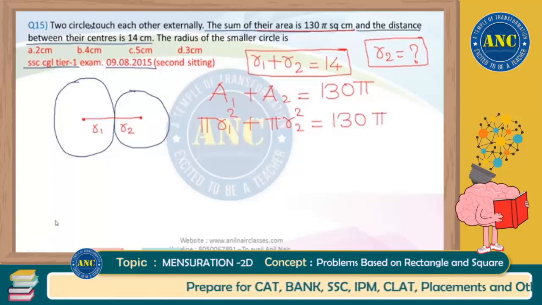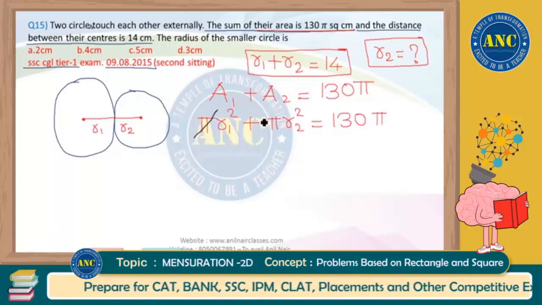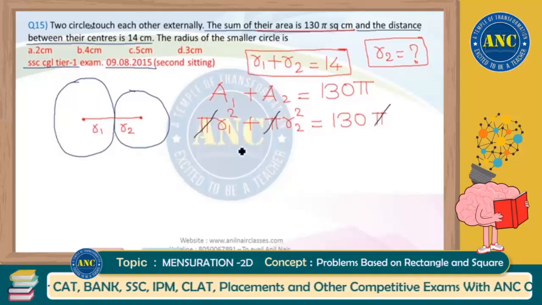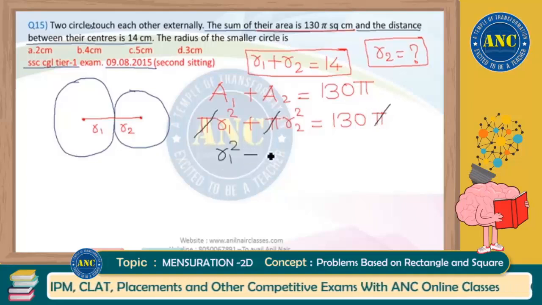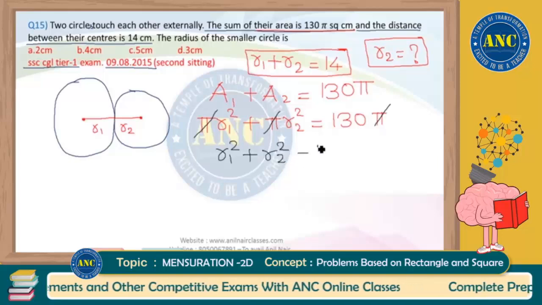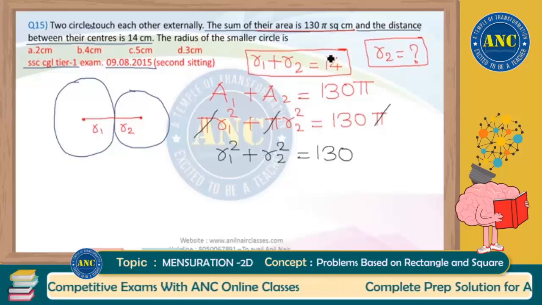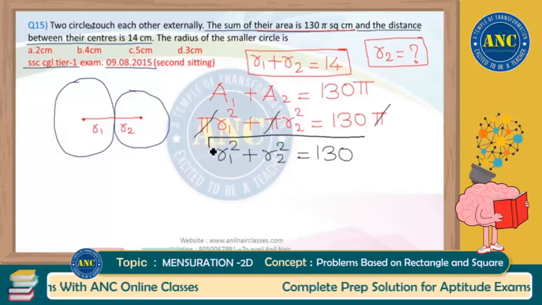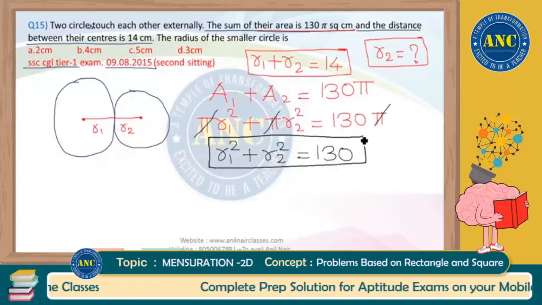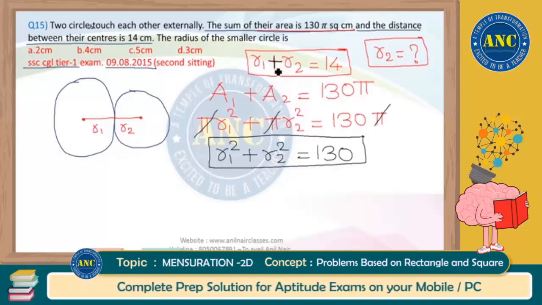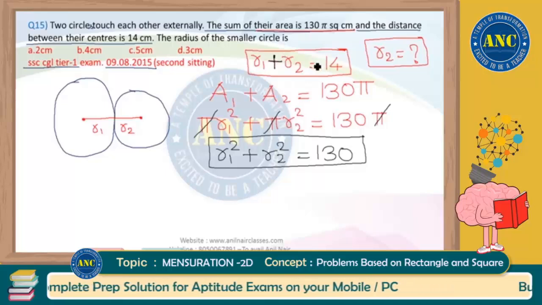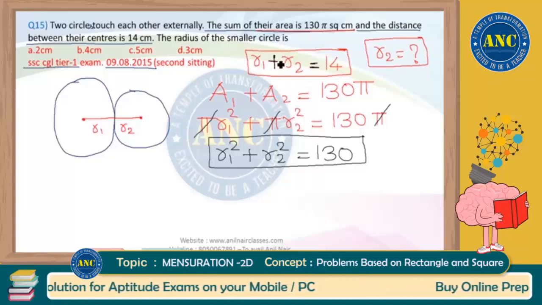Now in the left hand side, if I take pi common, that pi will cancel with right hand side pi. So r1 square plus r2 square should be 130, and at the same time r1 plus r2 should also be equal to 14. Find r2 value is your question.